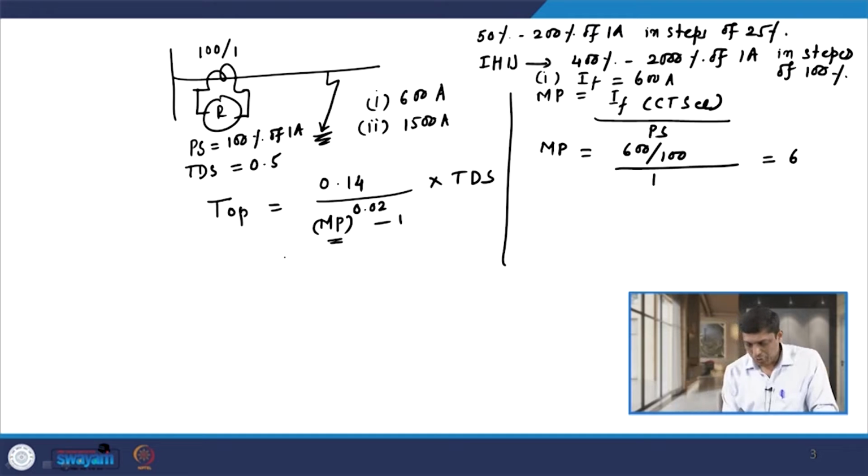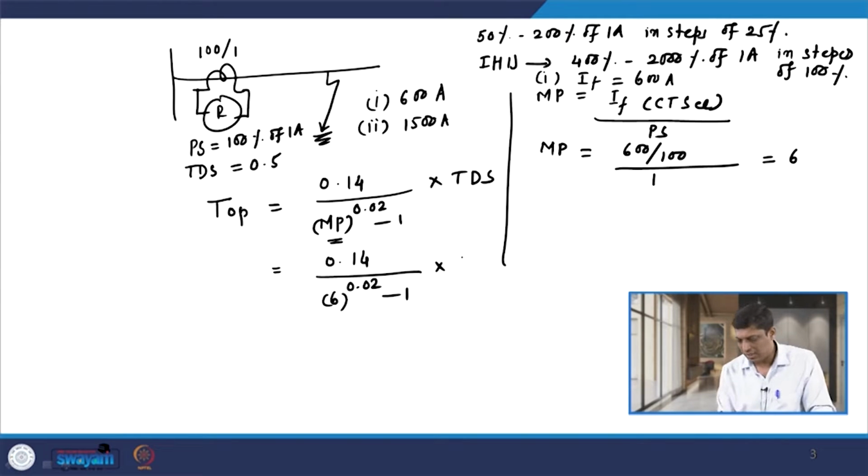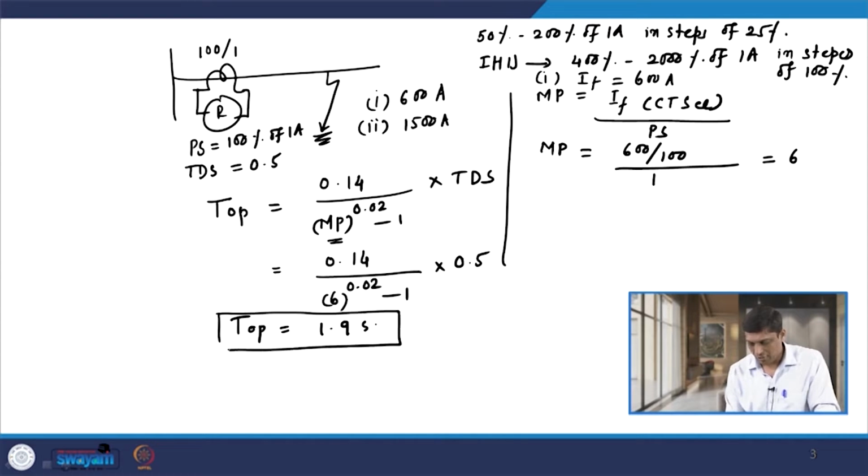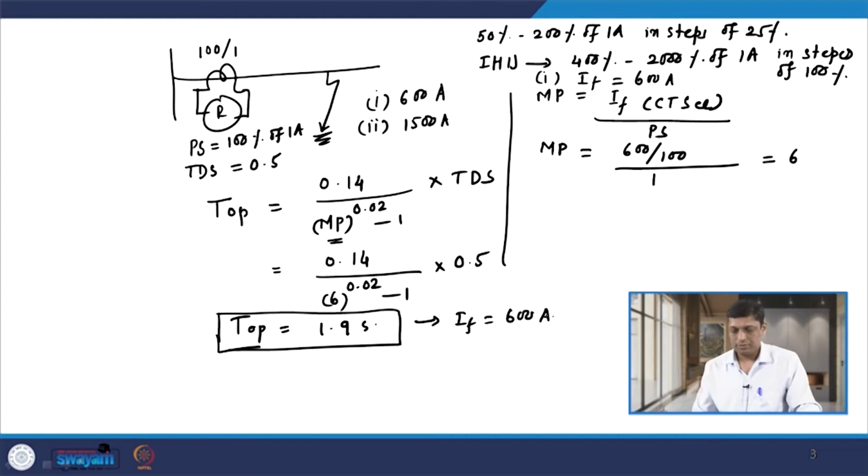Putting this value, we have 0.14 divided by 6 raised to 0.02 minus 1, into TDS, that is 0.5. If you solve this, it comes out to be roughly around 1.9 seconds. So, that is the time of operation of relay R for the first case, when the magnitude of fault current is 600 ampere.